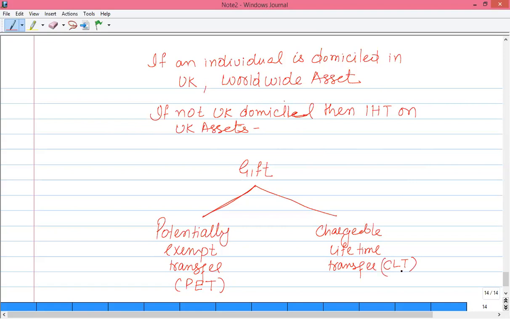Now, what is the difference between a potentially exempt transfer and a chargeable lifetime transfer?